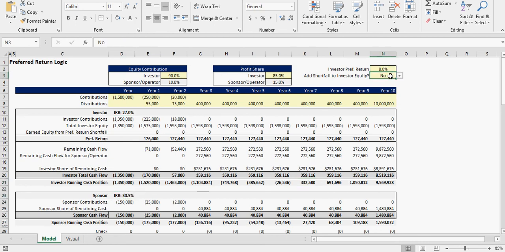I've also put in an internal rate of return here and here, and if you see, like, we change, first of all, if we add this difference of the shortfall to the investor equity, the investor is going to get a higher internal rate of return. So you can see this 27 and 30 will change. Well, not much, 27.1 and 30.2. Yeah, it just went down a couple points. If we raise the pref return, this will probably change things a bit more. So let's say we put it at 10% pref. 27. Actually, still didn't change much.